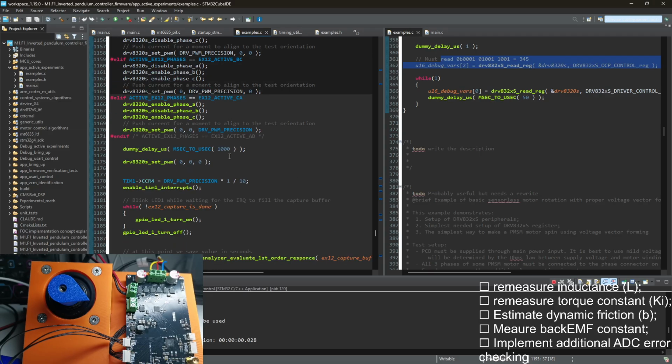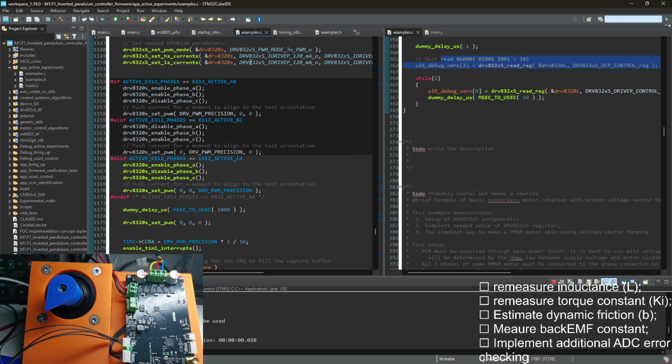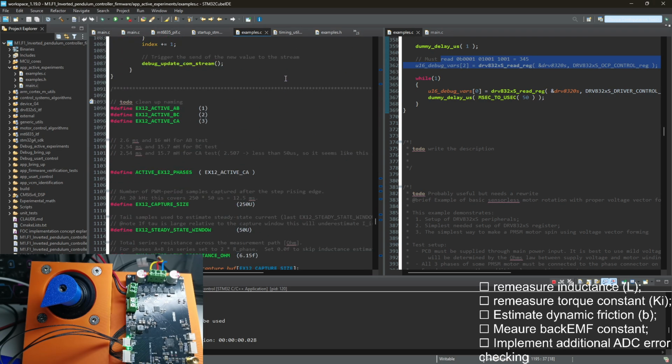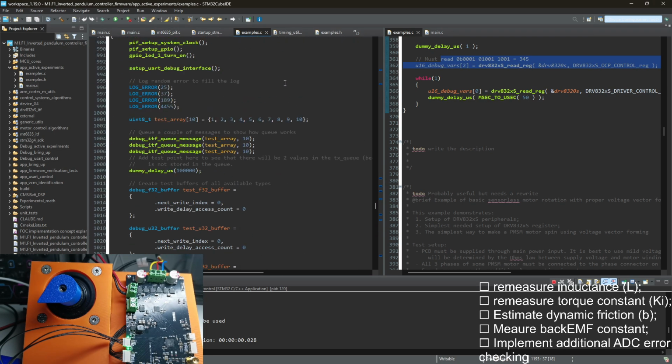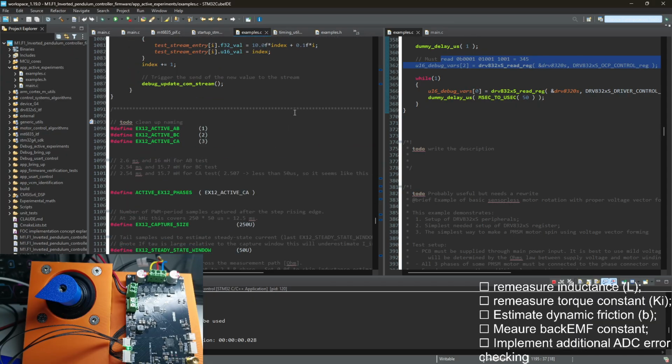Just first, let me lower the voltage to 12 volts. Let's do the tests on 12 and on 24. So let's start with 12. And let's flash it. And also let's start with the AB phases.